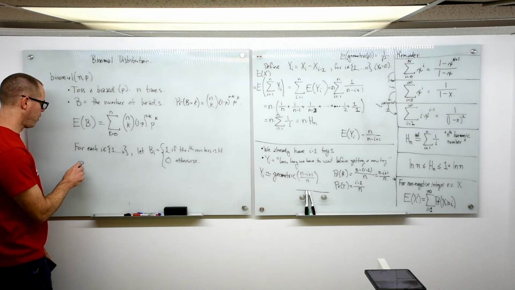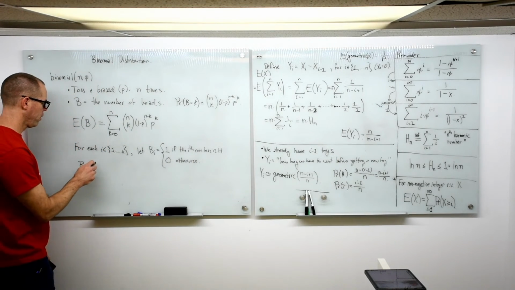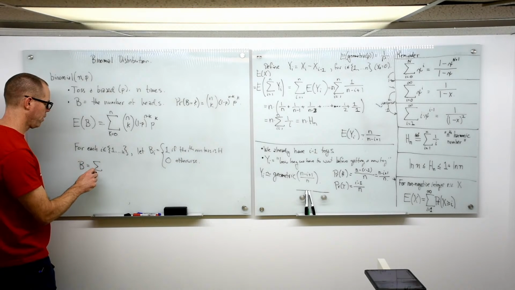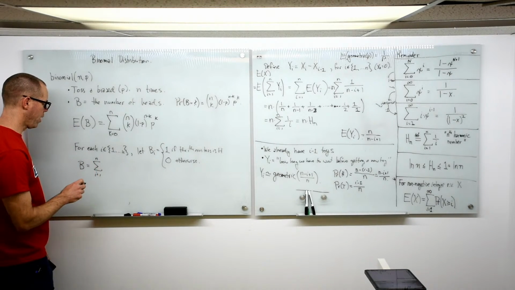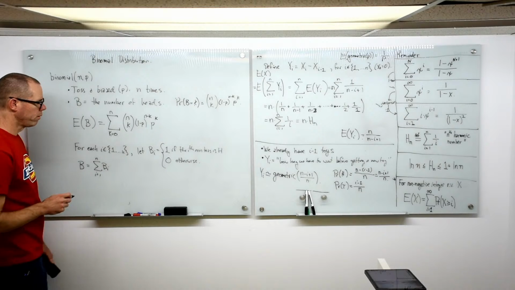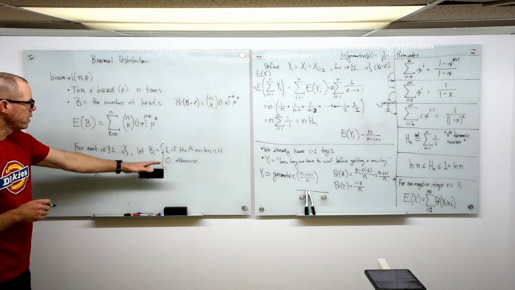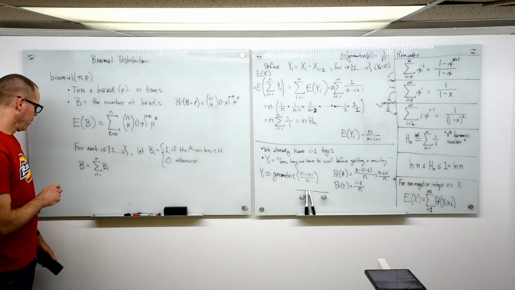Then if I want to count the number of heads, that's B. That's just the sum, i equals 1 to n of b_i. Count 1 if it's a heads and count 0 if it's not.